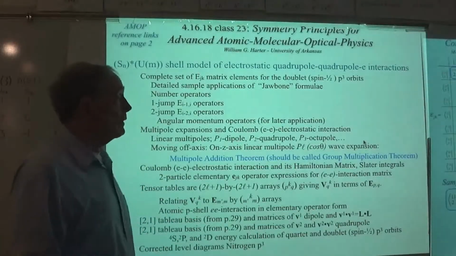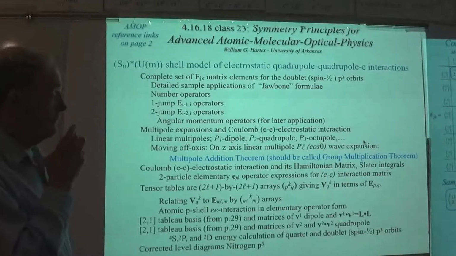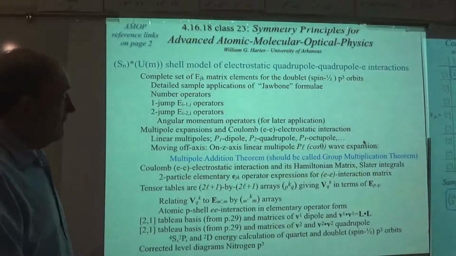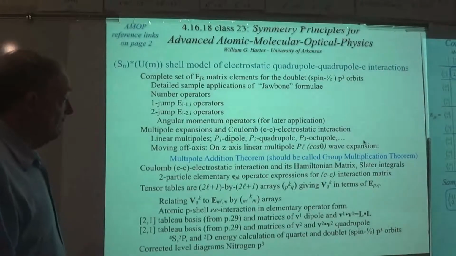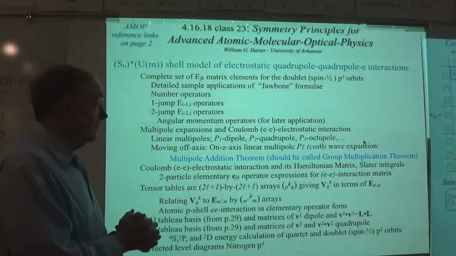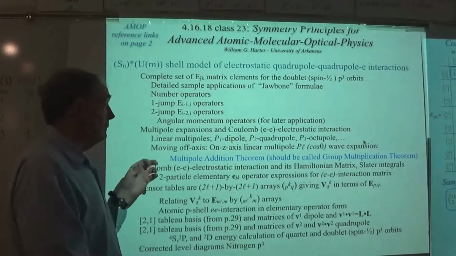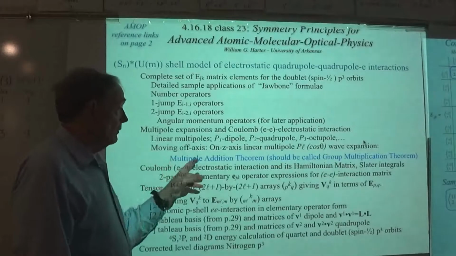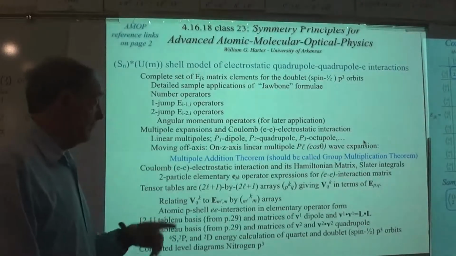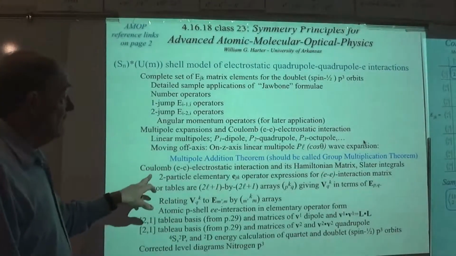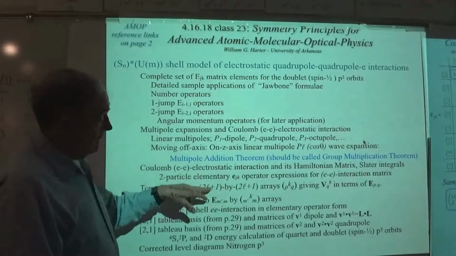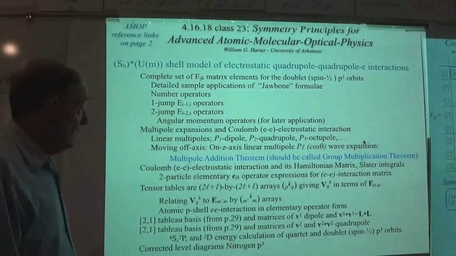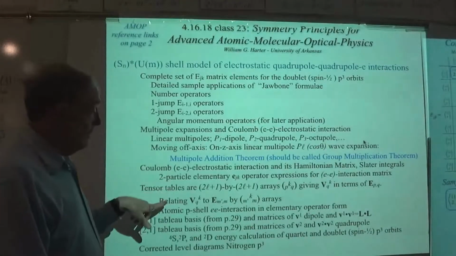This is not something we worry about, at least at first, in any of the molecular stuff we're doing, because they're in a nice framework and nuclei are more or less behaving themselves, but electrons don't behave themselves very well. They're all over the place. So how do you get the, well, it basically uses the multipole addition theorem, which I'm going to rename, to do that. But how do you do that with the tableau arrays? That's the real thing I want to cover today, from a number of different viewpoints.